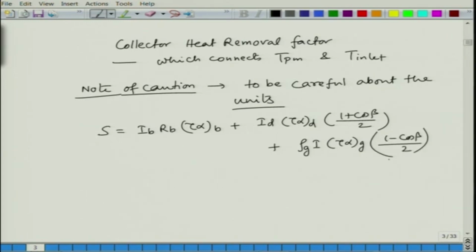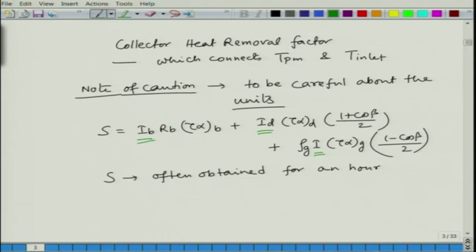But the note of caution here is that this S is often obtained for an hour, because these quantities are often estimated on an hourly basis.